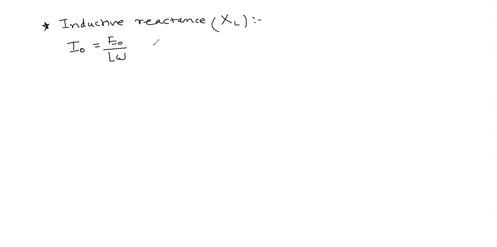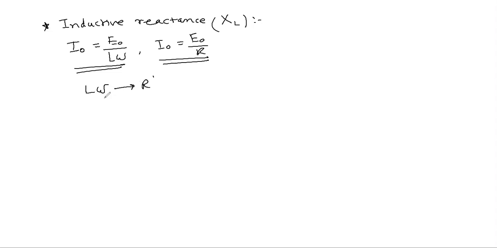And also we got in the purely resistive circuit that I naught is equal to E naught upon R. This is the peak value of current in the inductive circuit, and here the peak value of the current in the purely resistive circuit. So we can conclude from that, that L omega has the dimensions of resistance.